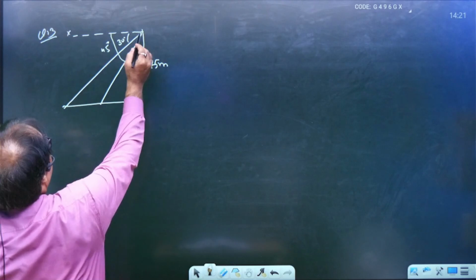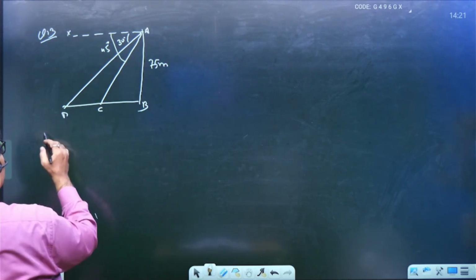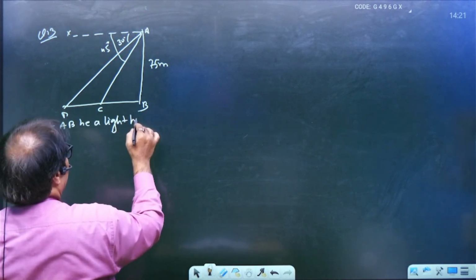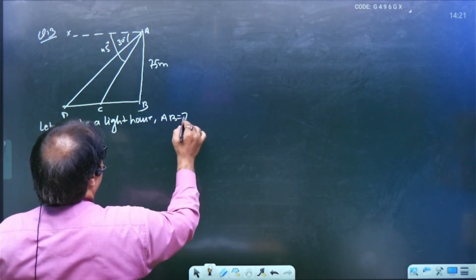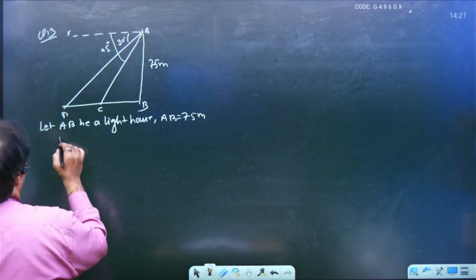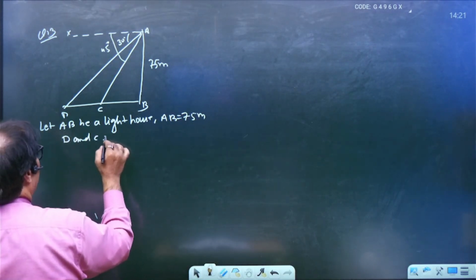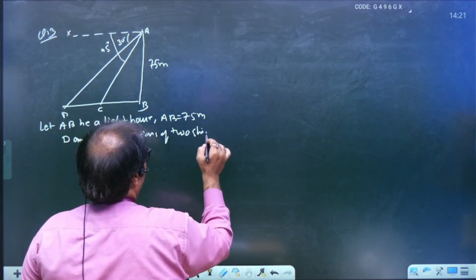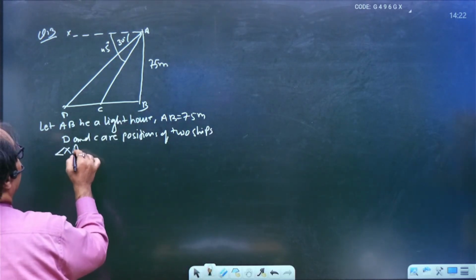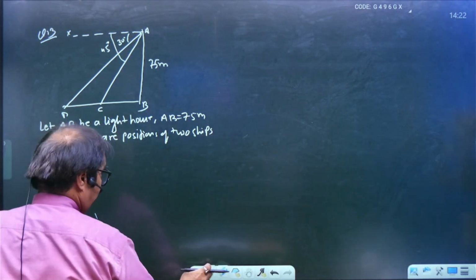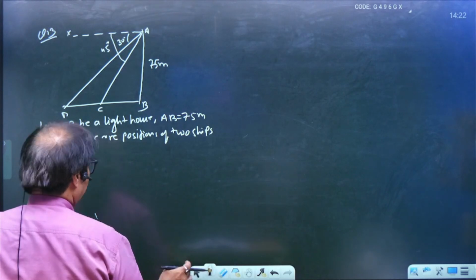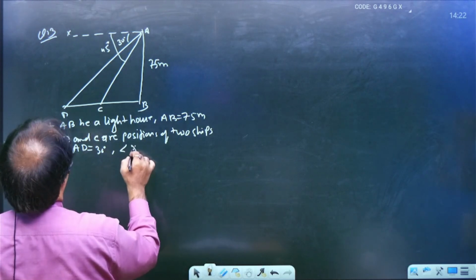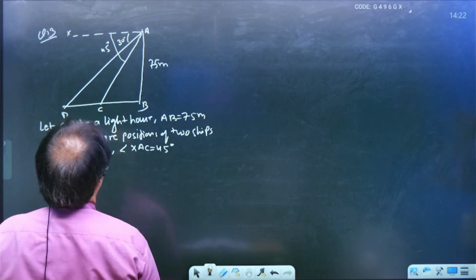Okay, so now name it. Let AB be a lighthouse such that AB is equal to 75 meter, and D and C are positions of two ships such that angle XAD is equal to 30 degree, and angle XAC is equal to 45 degree.